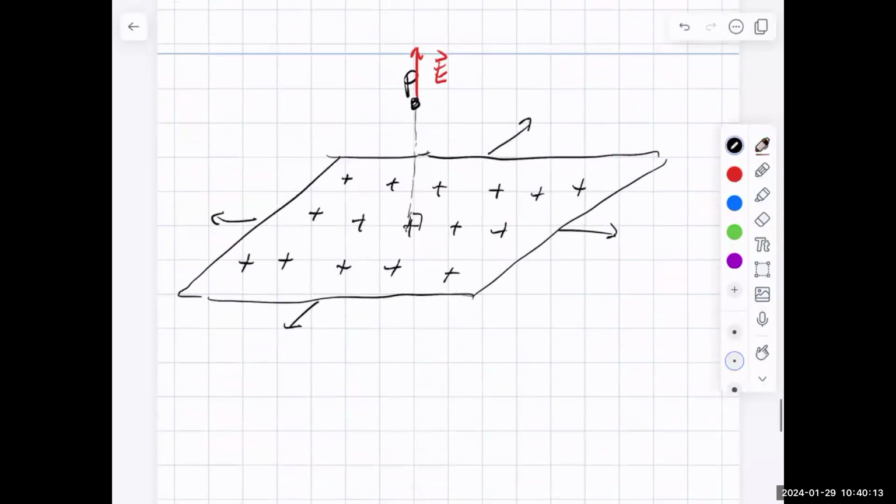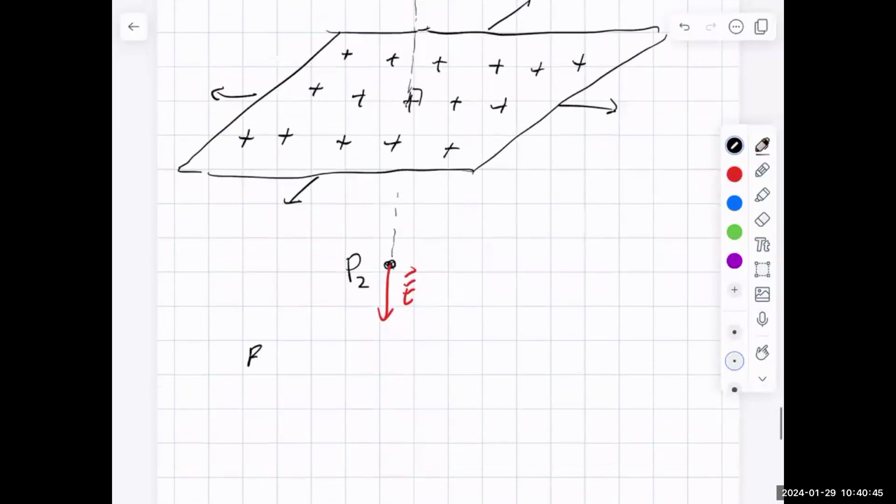What about down here? Let's say P1 and let's say P2. What's the electric field direction at P2? Just shout it out. Down, that's right. And it's for the exact same reason. Electric fields point away from positive charges. So if I'm above the sheet, the electric field is upwards. If I'm below the sheet, the electric field is downwards. Okay.